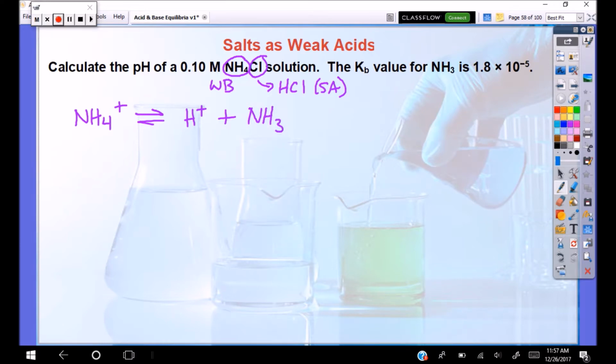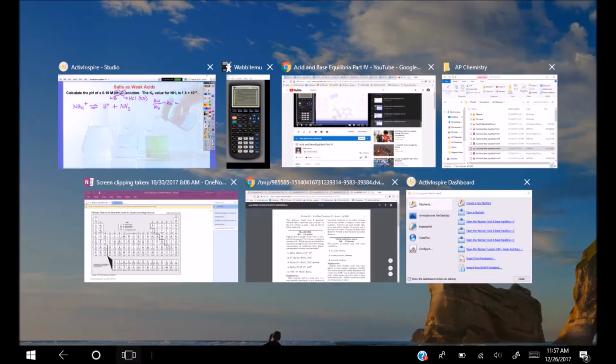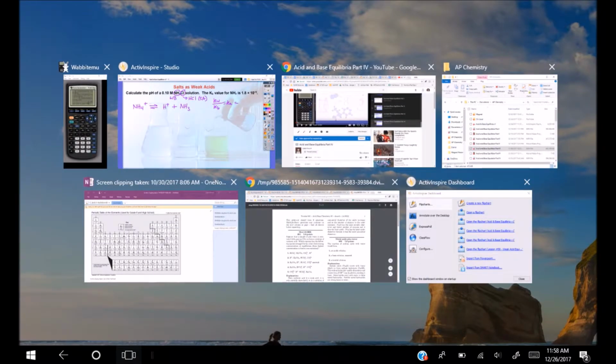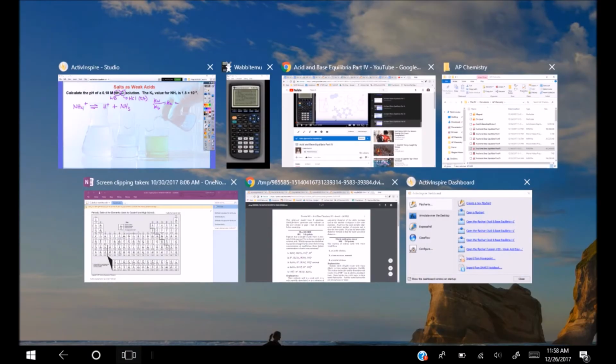I'm forming my base, but I'm also forming an acid, so I need a Ka value here. I'm forming H plus. If I was forming OH, I could keep the Kb value, but I'm forming H plus, so I need my Ka. So I've got Kw over Kb equals Ka, which means 1 e to the negative 14th divided by 1.8 e to the negative 5th.